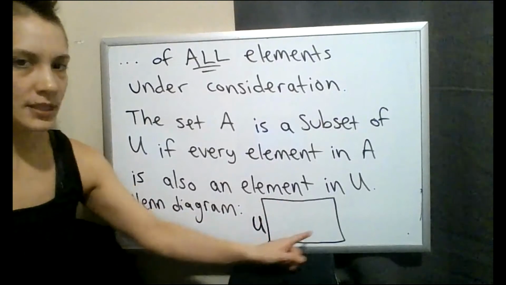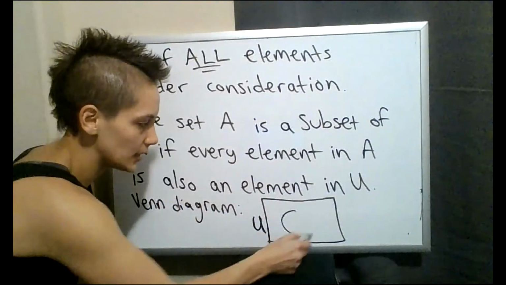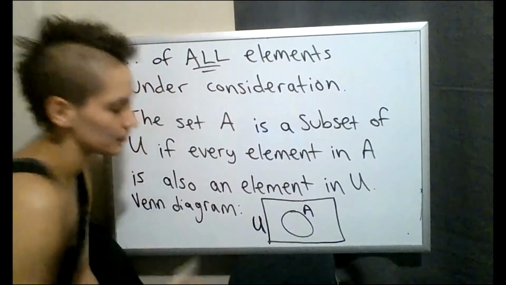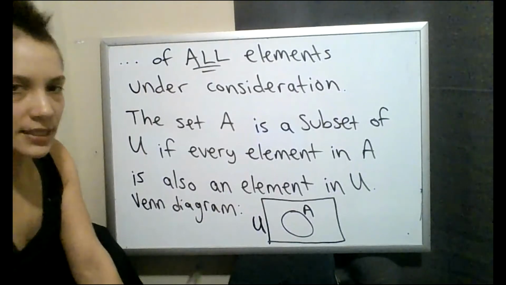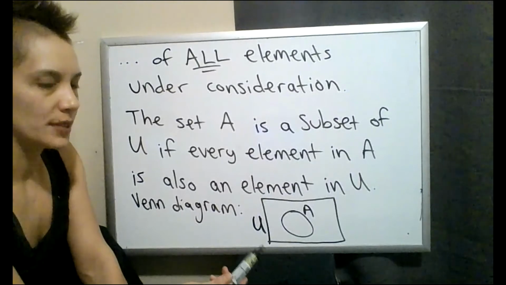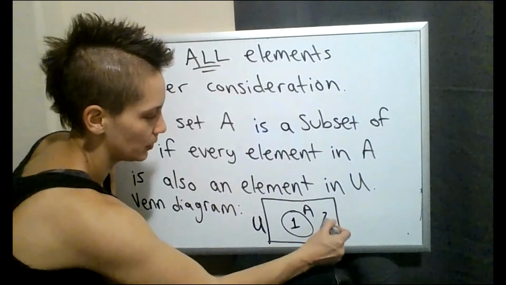Subsets are going to be circles inside of the universal set. So we'll put this circle here and label it A. And we're going to put a few elements in our example. We'll have numbers 1 and 2.